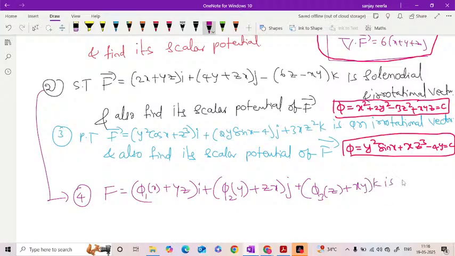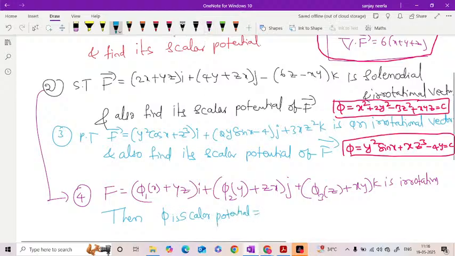We know from the previous problem that it is an irrotational vector, but the question is what is the scalar potential.